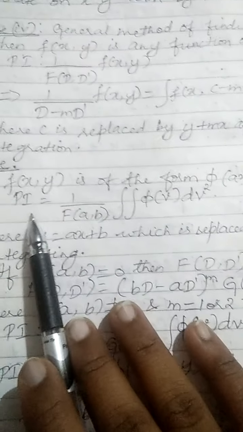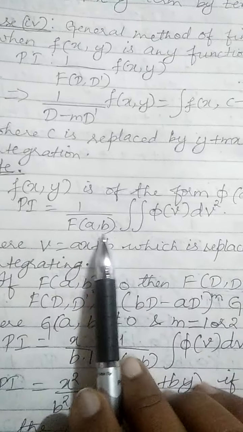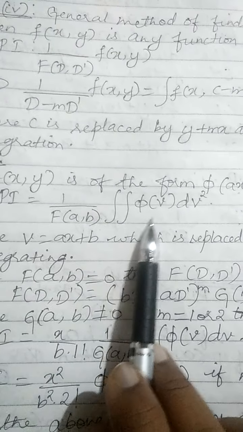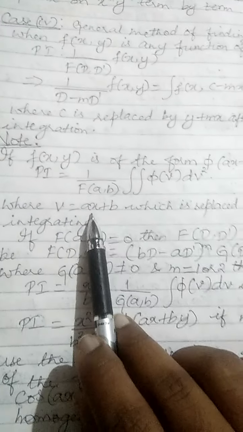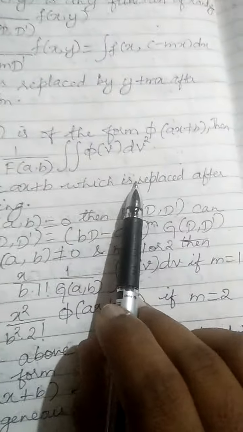Note, if f(x,y) is of the form phi(ax+by), then the particular integral is 1/f(a,b) times the double integral of phi(v) dv², where v is ax+by, which is replaced after integrating.